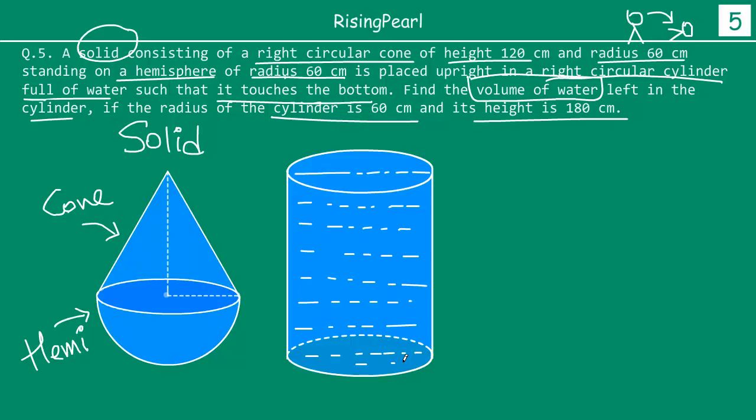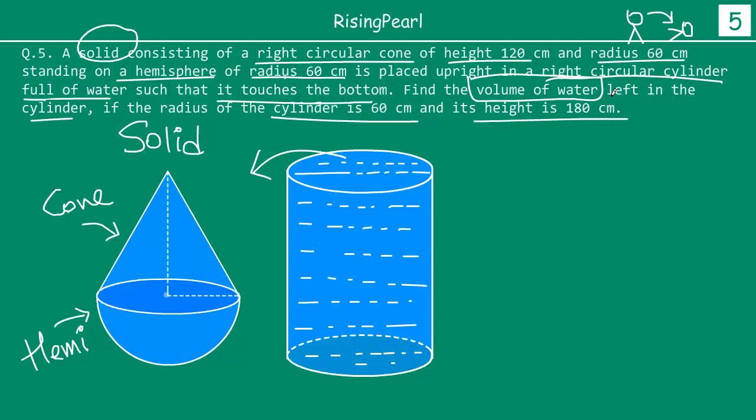Obviously when you place this solid inside the cylinder, some water will spill out, and the solid will go inside, and there will still be some water left inside the cylinder. That is the question.